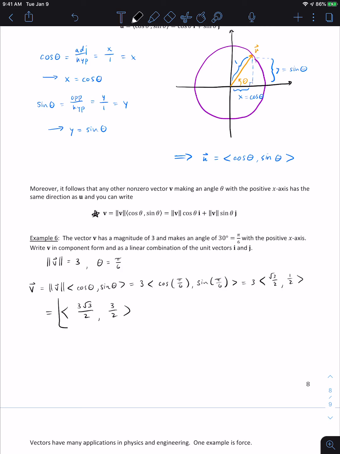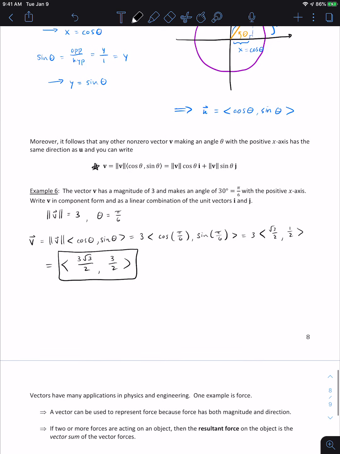Right? So that is it in component form. And now write it as a linear combination. Well, again, that's pretty easy. I just say, okay, it's the first component, which is 3 radical 3 over 2 times i plus 3 over 2 times j. So that is my vector in component form.